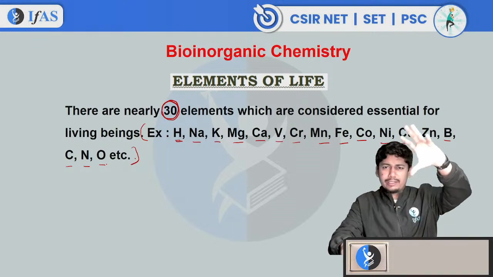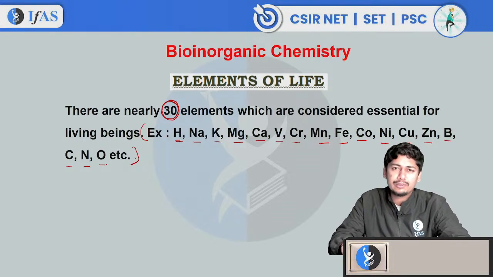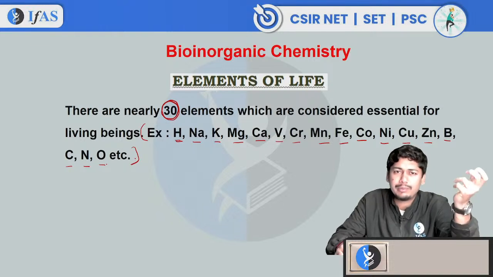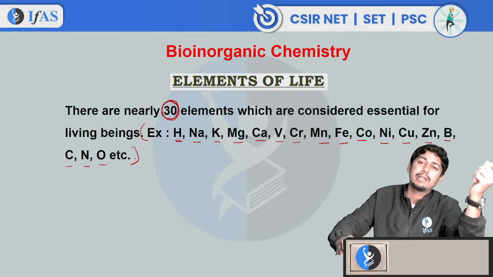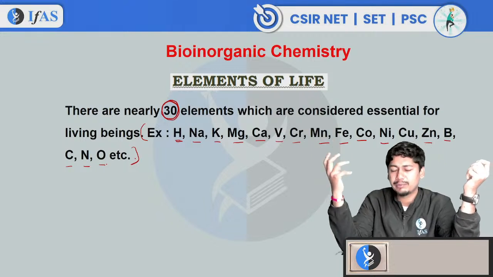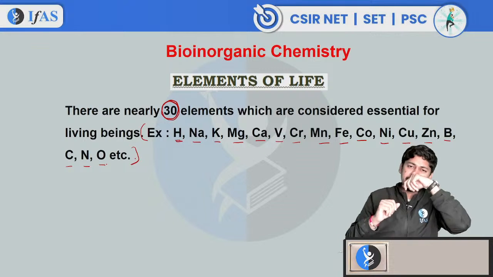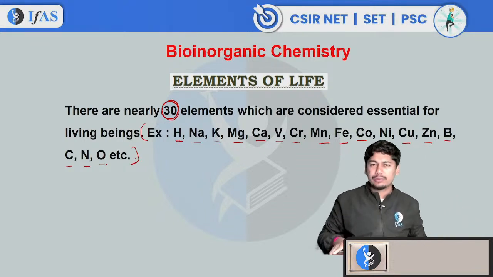When life started around 4.5 billion years ago, there was nothing. Now I am going to tell you how evolution has been occurring. There was nothing on this planet except a few gases, a few elements, supposed to be coming from a different environment or out of space.